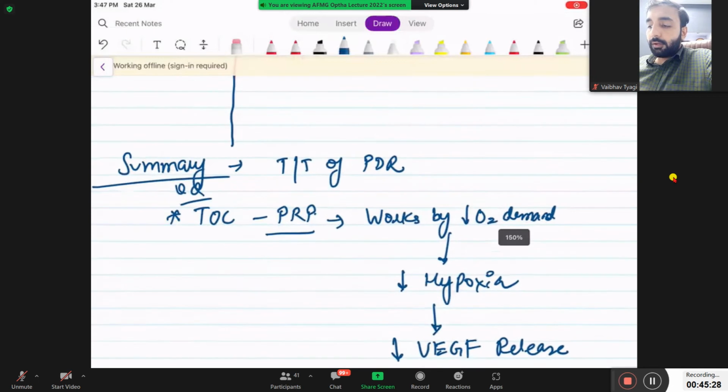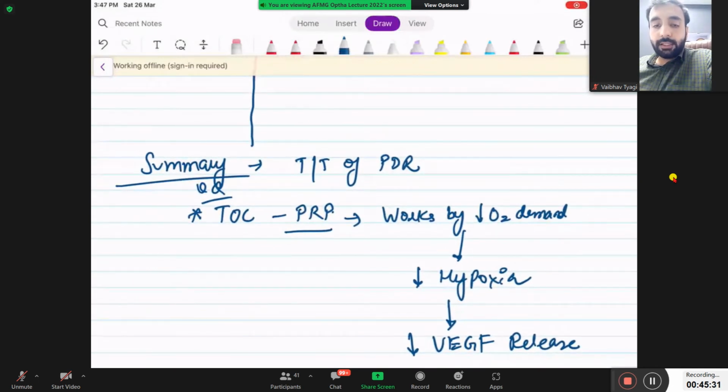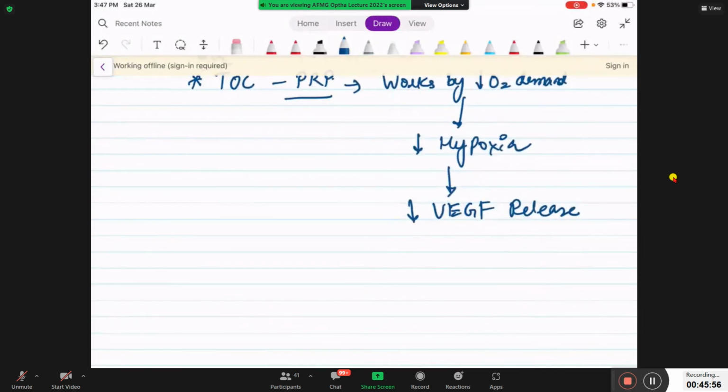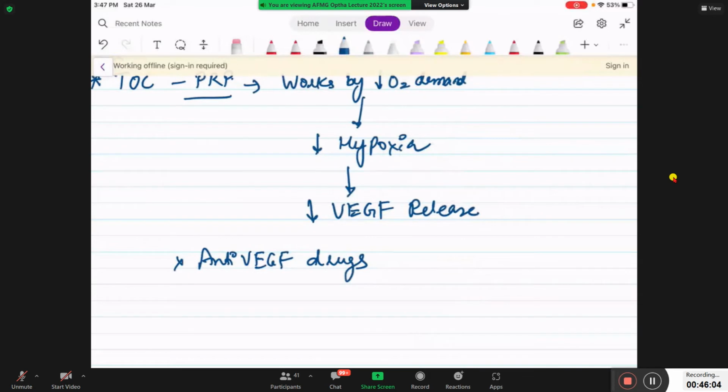So what if I inject anti-VEGF injections in the posterior segment? PRP is pan-retinal photocoagulation. In order to decrease VEGF release, I can also inject anti-VEGF injections in the posterior segment cavity, in the vitreous humor. That will also decrease the neovascularization. So write down the names of anti-VEGF drugs, very, very important.